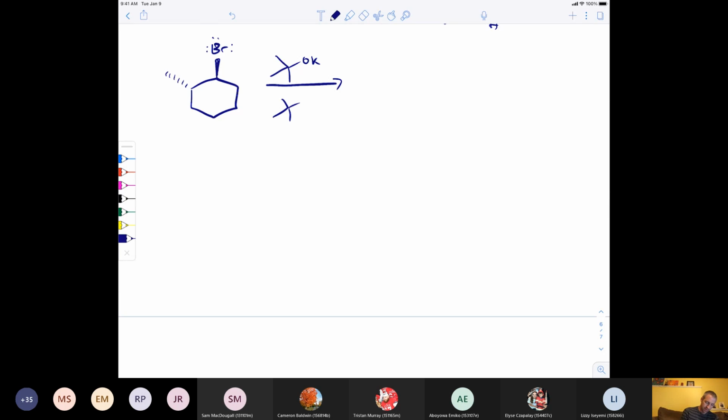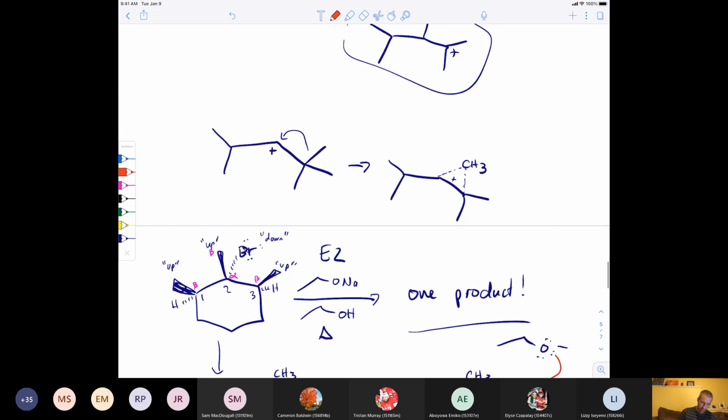Alkoxides always come in the alcohol they were made from. But you can kind of disregard the alcohol part here. It's the alkoxide that's going to be doing the action. This one is a secondary alkyl halide. It has 2 betas.